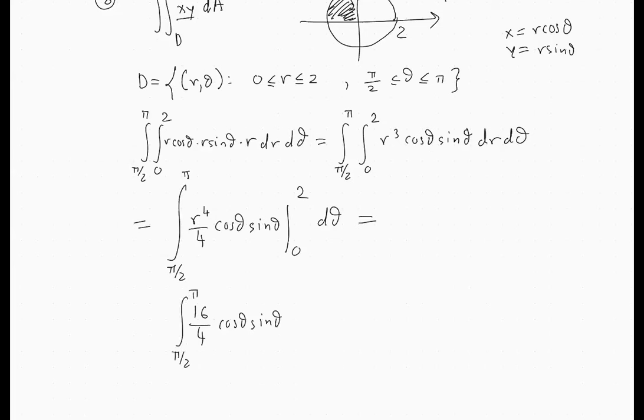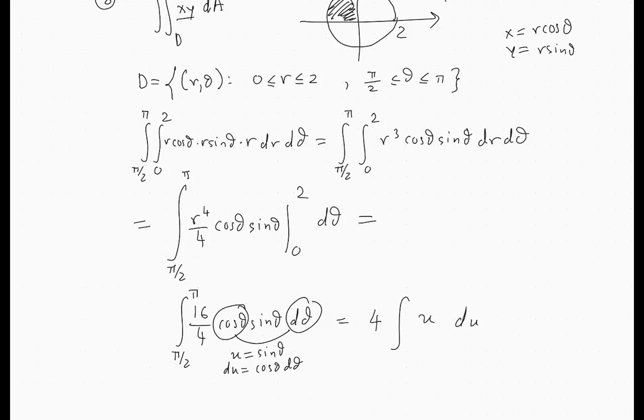Now, here we can do a substitution. u is equal to sine theta. du is equal to cosine theta d theta. So this will give us 4 outside. And we will have cosine theta d theta is du, and sine theta will be our u. And now you have to be careful. You don't write here pi over 2 to pi. You take these endpoints and you plug them into your substitution.